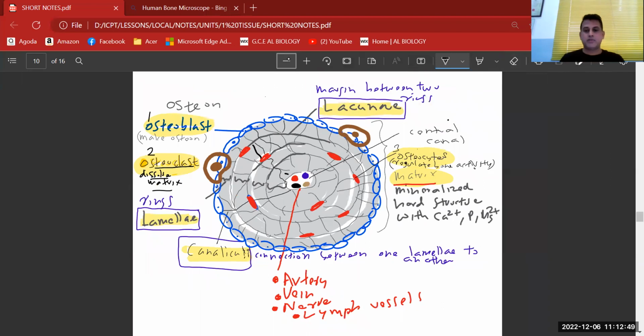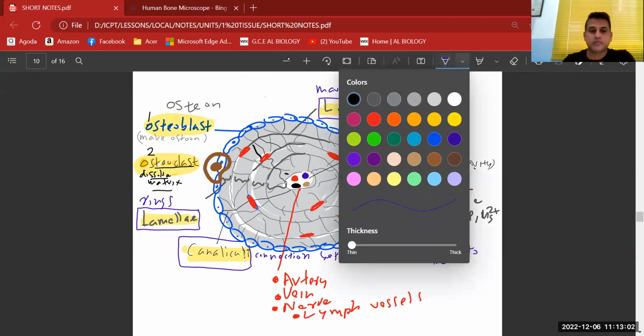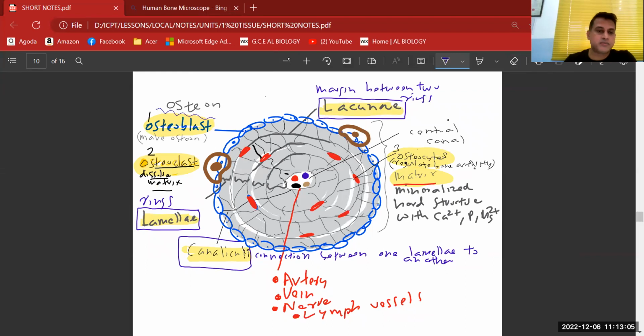See, now it has become a bit complicated picture, but everything is there, nothing missed. These are the cells: osteoblasts, osteoclasts, and osteocytes.